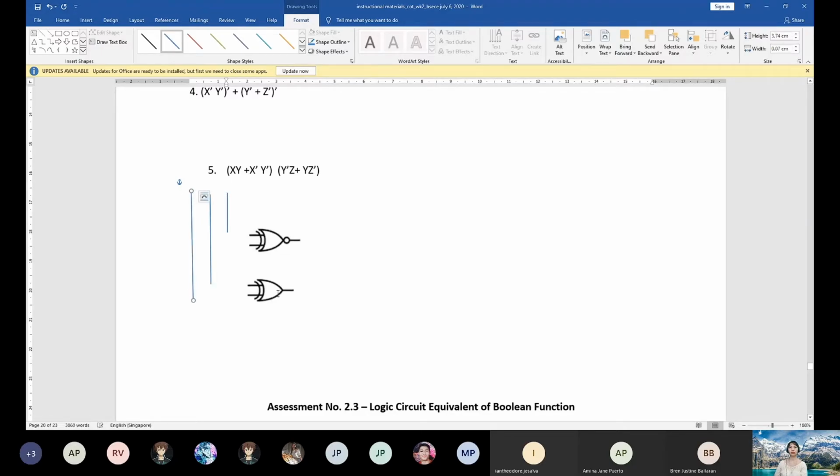Okay, so let's say this is X, for X, for Y, and YZ na lang yan. YZ and XY.